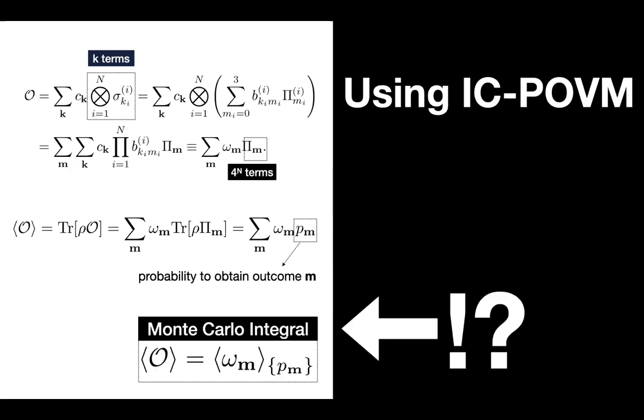Because of this, we can estimate this mean value by using a Monte Carlo integral. That is, we can read this expression as an average of the coefficients omega m over a certain probability distribution. So it's really a classical average.